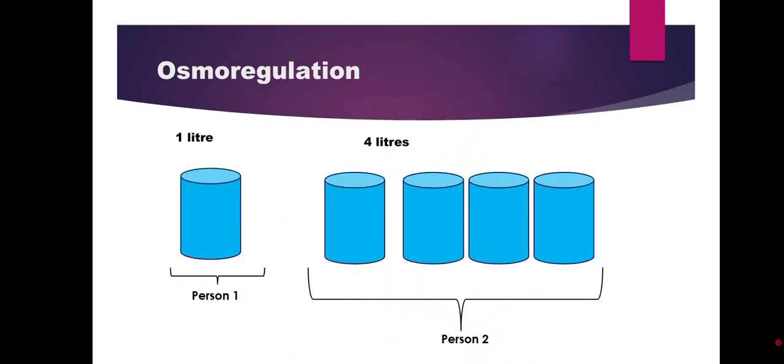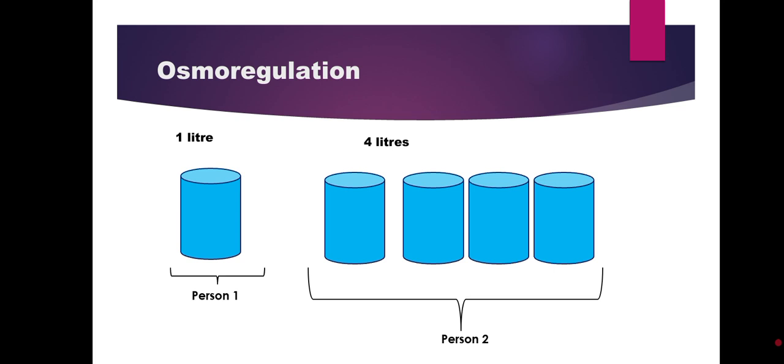Now let's take this example. We have person one and person two. Person one only drank one bottle of water, let's just say this is liters of water. The other one drank 4 liters. We know that an average person per day should drink at least 2 liters of water, right? Person one drank like 1 liter.